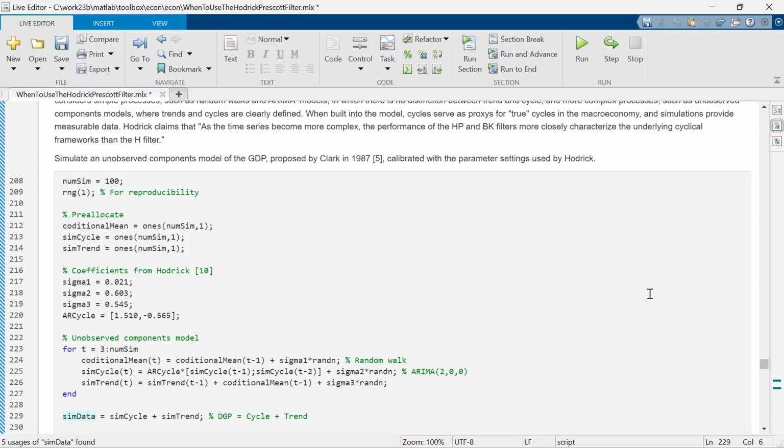Something we can't do in the true economy, but we can do in a simulation like this. So it gives us something of an absolute comparison between the different filters on this simulated economic data.